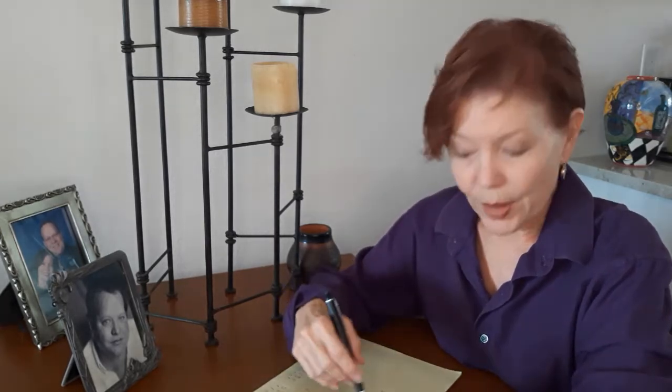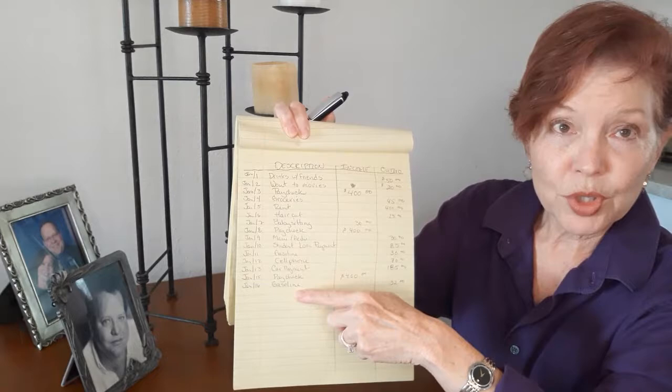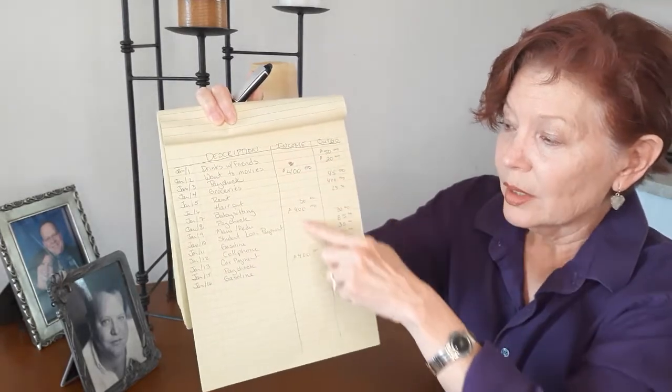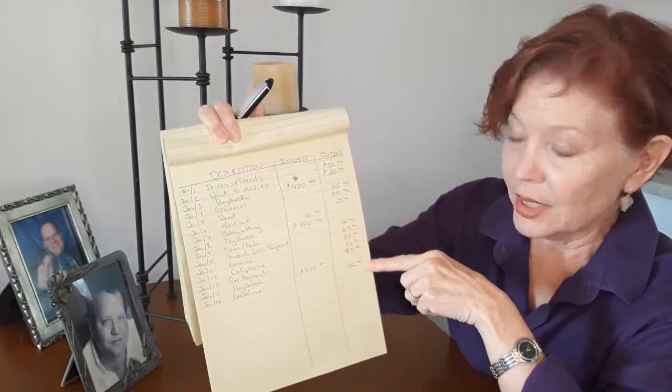Today I'm going to talk to you about part 2 of how to make a really simple budget. In the first part, we talked about tracking the expenses and the income for a month. We put our description in the first row, then we did our income in the second row, and we listed our expenses in the third row.